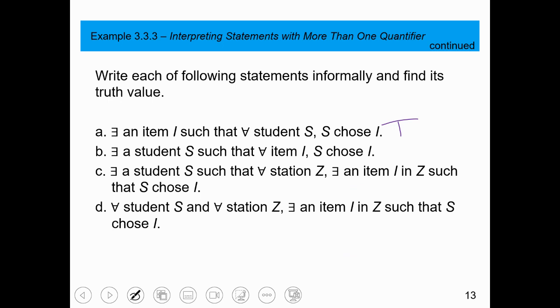Part B says there exists a student S such that for every item I, S chose I. Okay. So now I'm going to look for a student such that no matter what item you pick, I can say that student picked that. Really, what I'm looking for is, is there a student that selected every item?